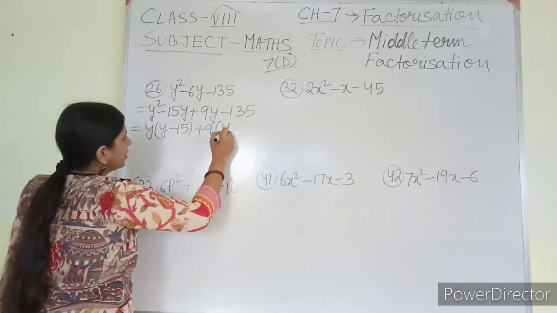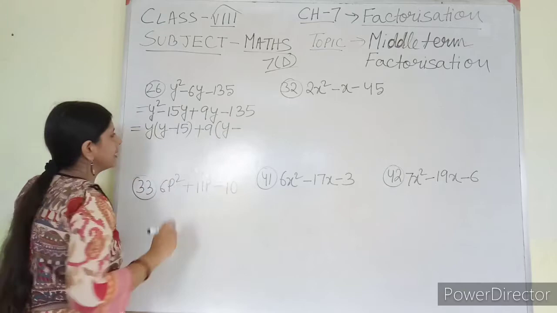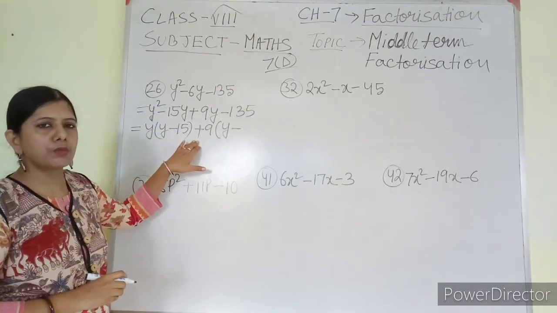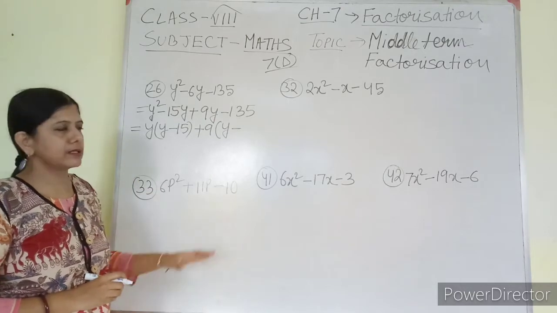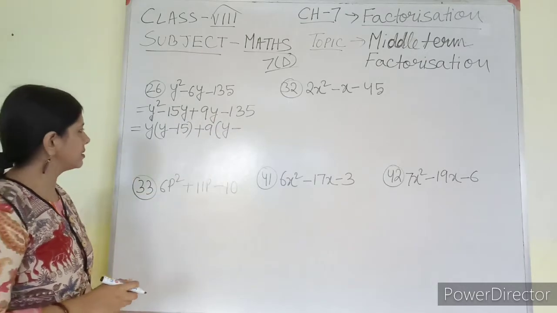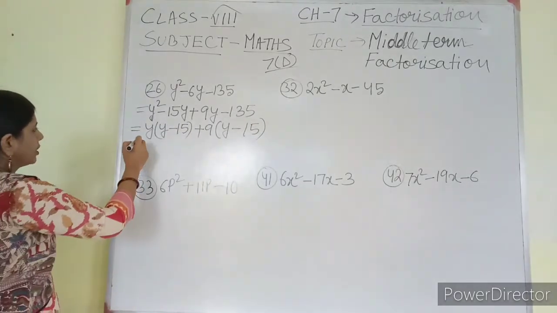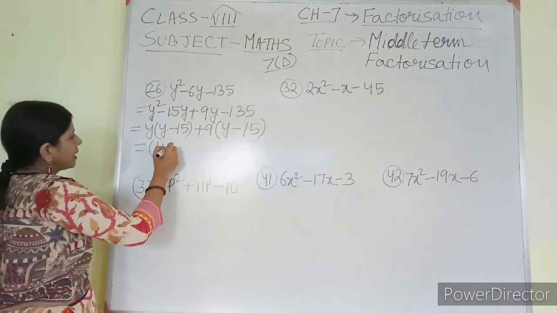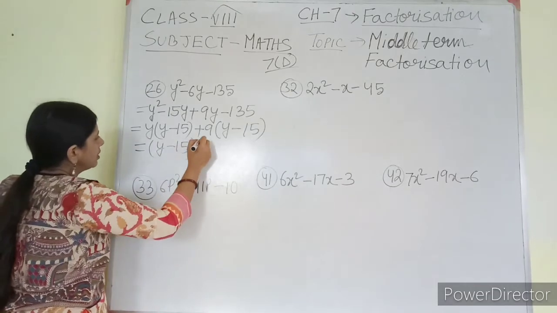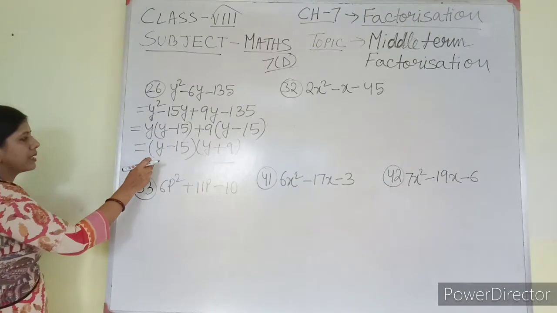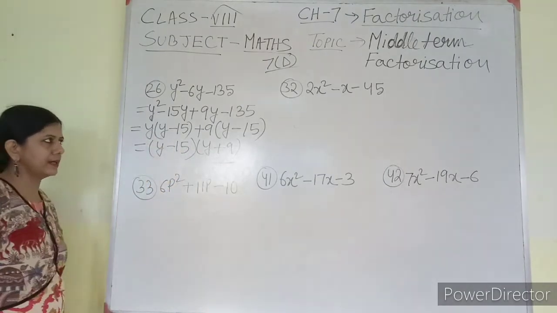So here I am taking y, and here the negative sign I have to take. Why? Because I have taken the plus sign common here, so the minus sign I have not taken, so it will be written as it is. So it will be y minus 15. So the answer is y minus 15, again common. Whatever is left I am writing here. So the two factors are y minus 15 and y plus 9.